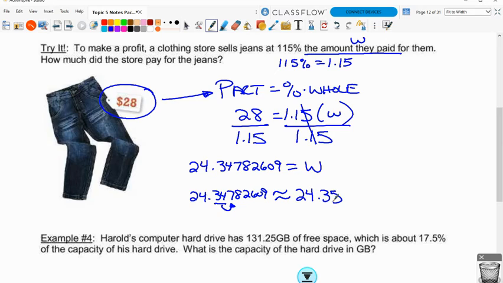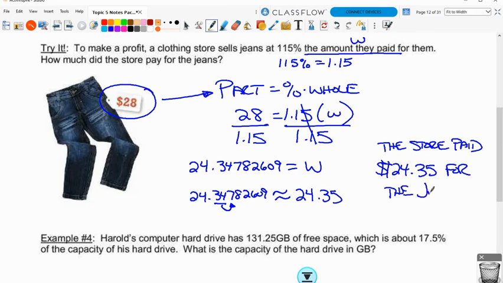So we can say the store paid $24.35 for the jeans. And that number makes sense because if they're selling them for $28, well, that number has to be higher than the amount that they paid so that they can make a profit.